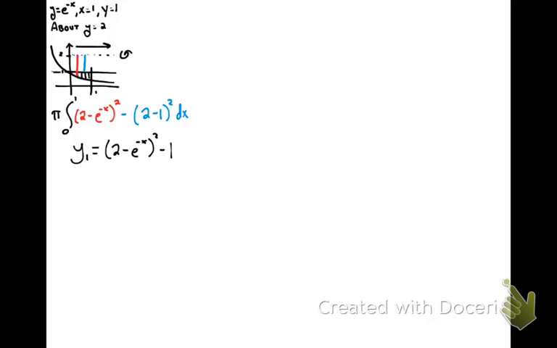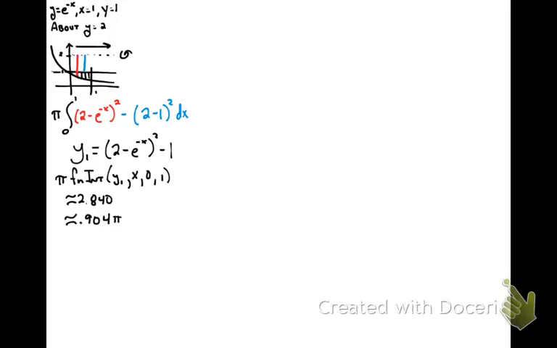And so in my calculator, I will have pi times, then math 9 to get function integrate, y1 with respect to x from 0 to 1. And when you hit enter, you will get about 2.840.